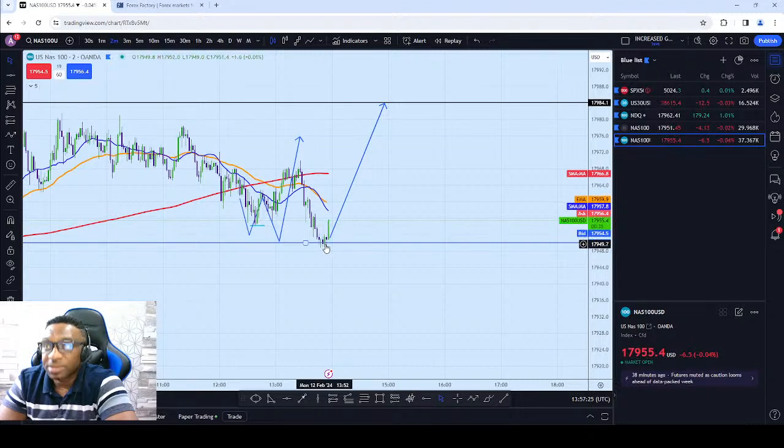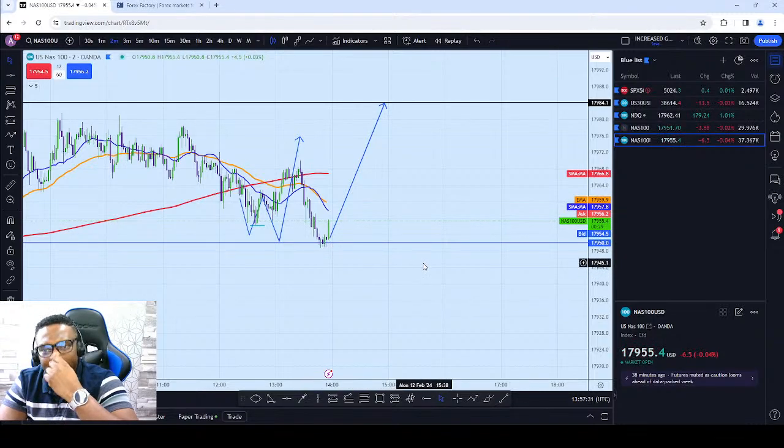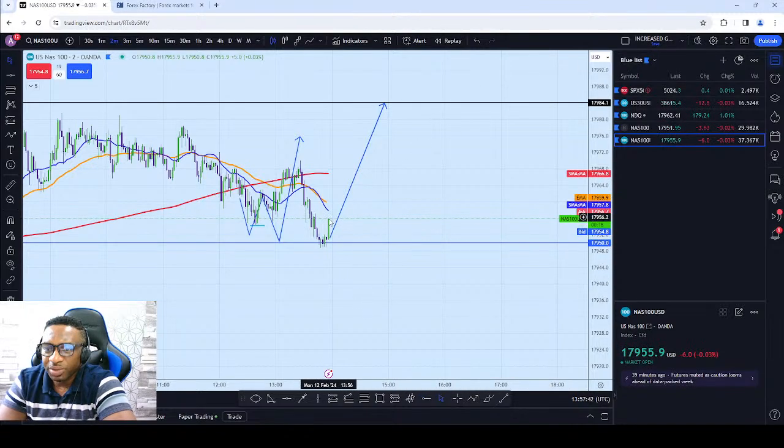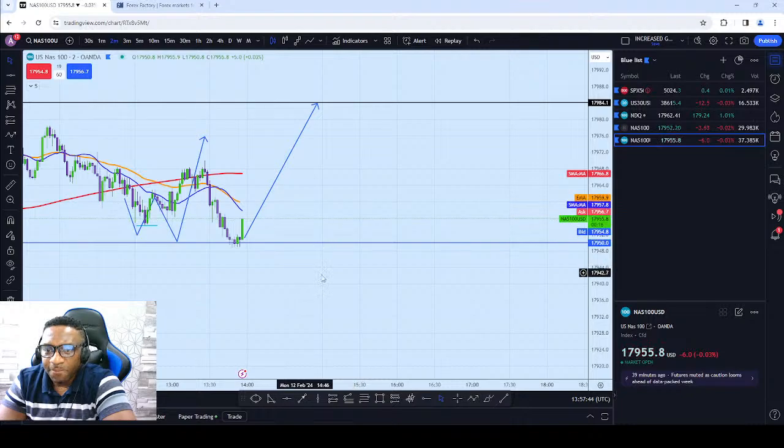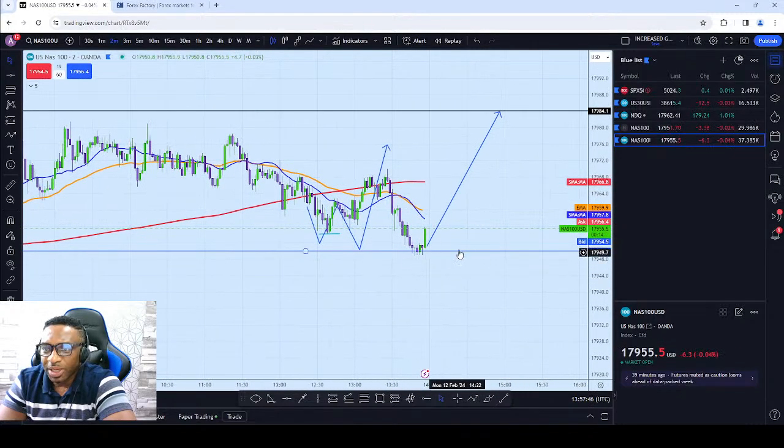Looking at the way it is, it looks like the key level here has held price up. So if it's able to cross above the 20 moving average and then makes its way up, the actual entry for me, looking at where it's coming from, I've taken a position on here on my other screen.